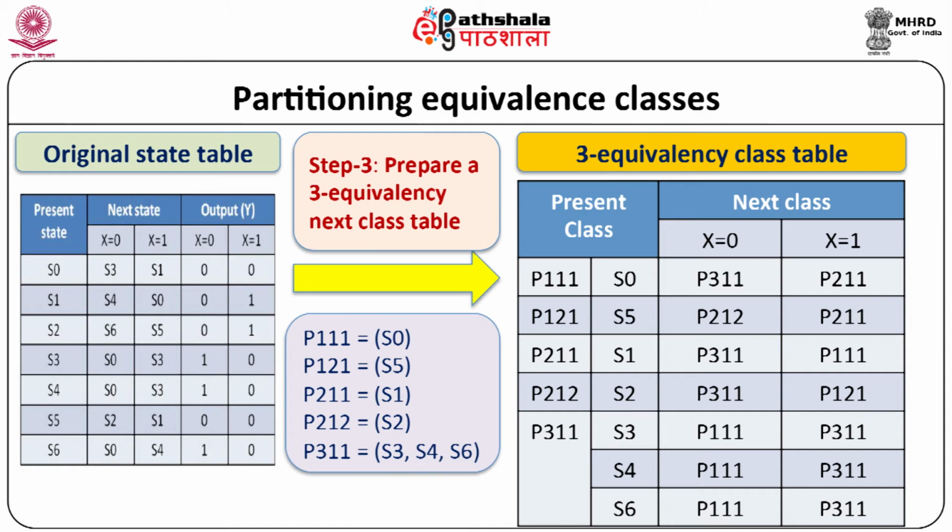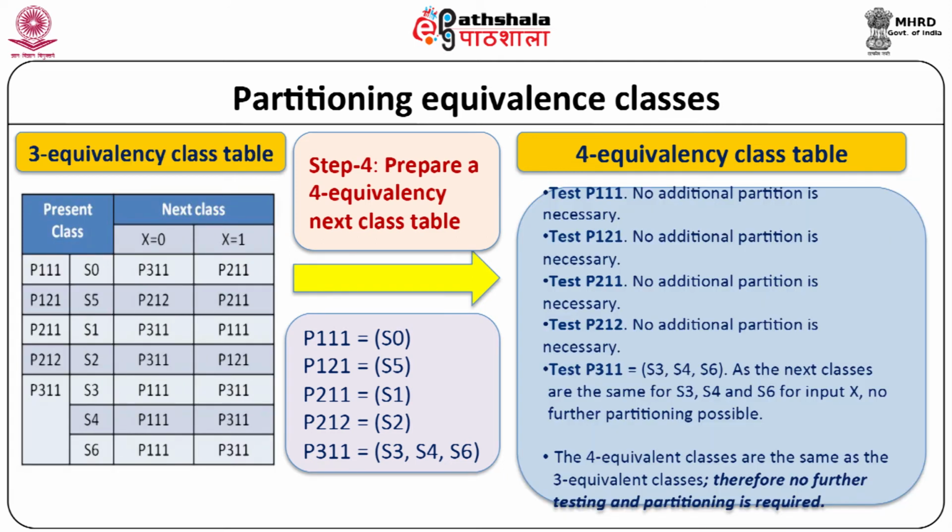Therefore, P311 is written in the x is equal to 0 next class column. Similarly, for x is equal to 1, the next state, the present state S0 is S1, which is in class P211. Hence, P211 is written in x is equal to 1 next class column.